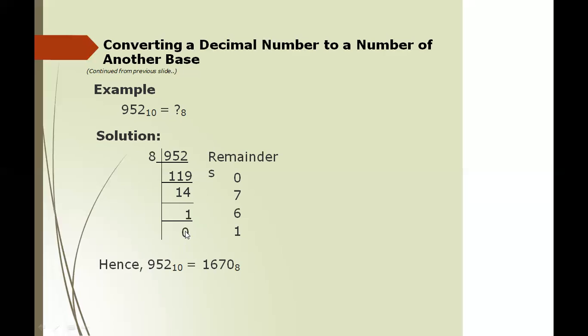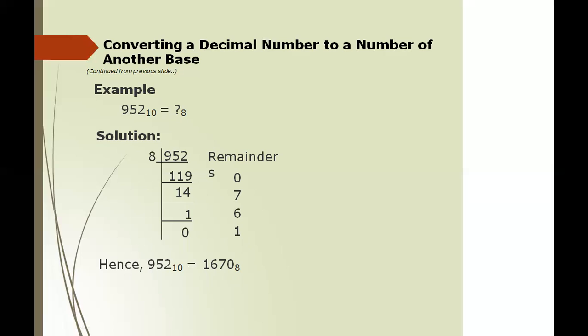Then we divide 1 by 8, and we don't get any whole value, so the result of the division is 0, and the remainder is 1. After getting all these remainders, we take them from the last digit to the first digit, that is, we take 1670, and here we write 1670. The base is the octal number system.